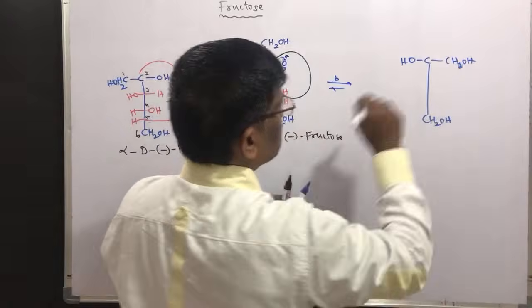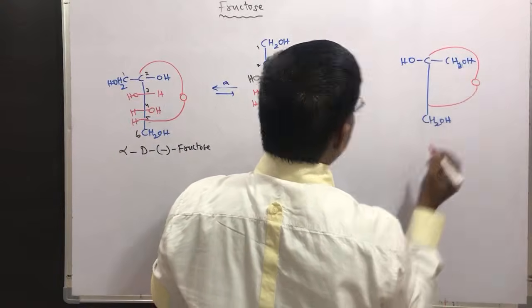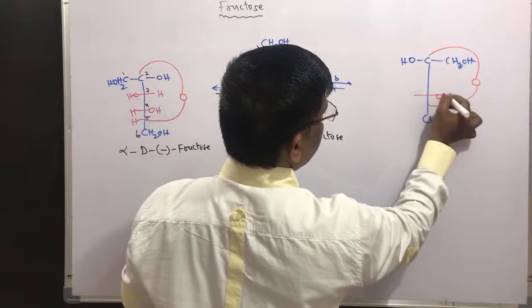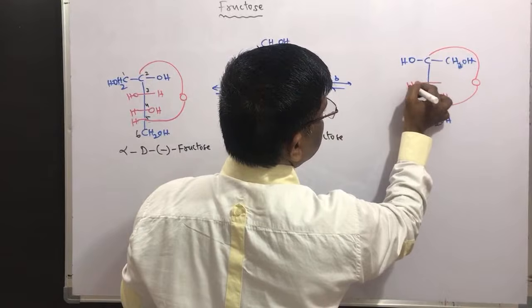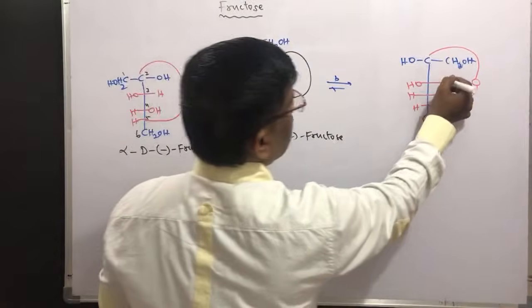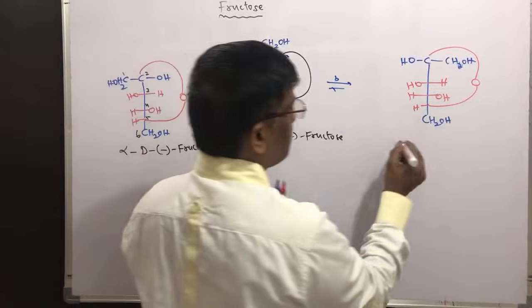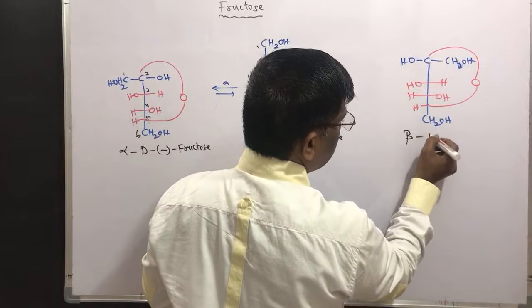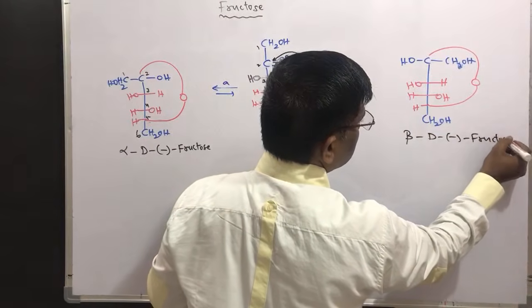And what about this? It is going to have the same cyclic structure like this, and it is having hydroxy, and this is OH, right? And it is going to be like this. What is the name? It is beta-D-fructose.